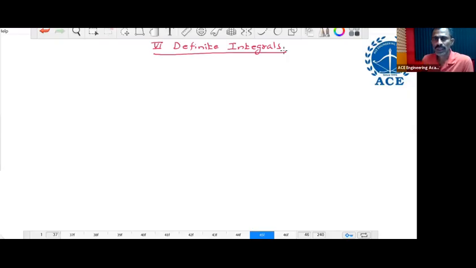Just write the heading. Just look at this. F of x on an interval, and integral of f of x dx equal to capital F of x.